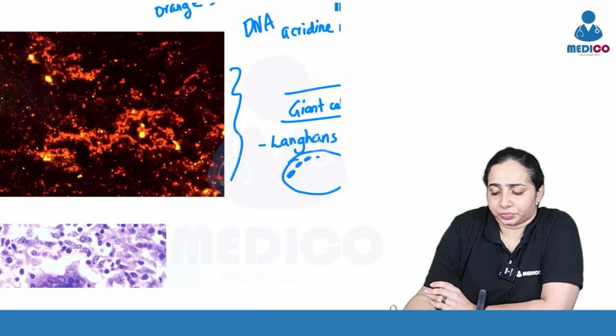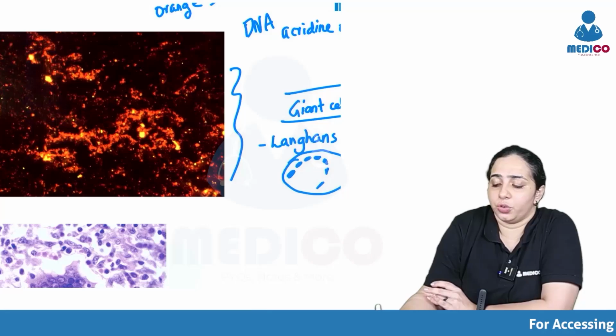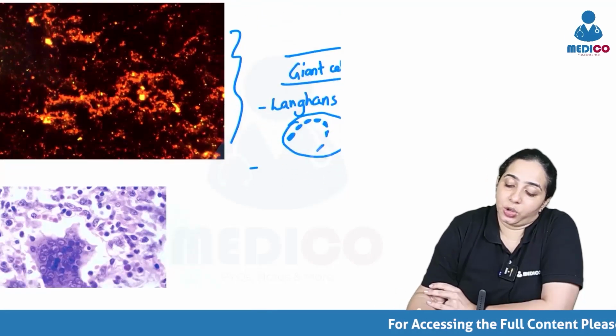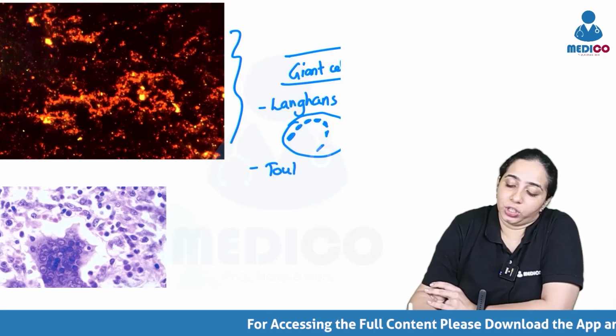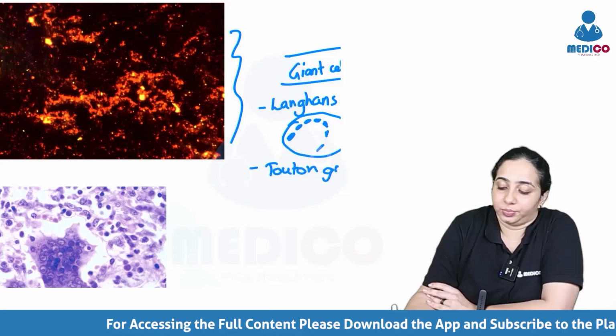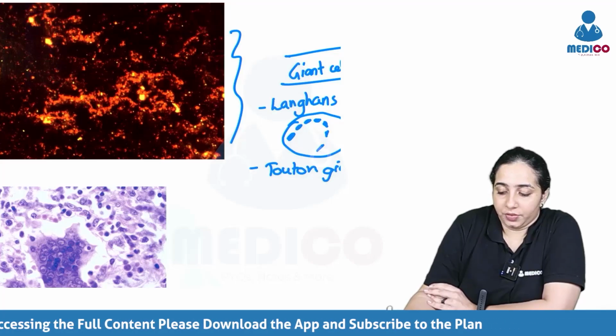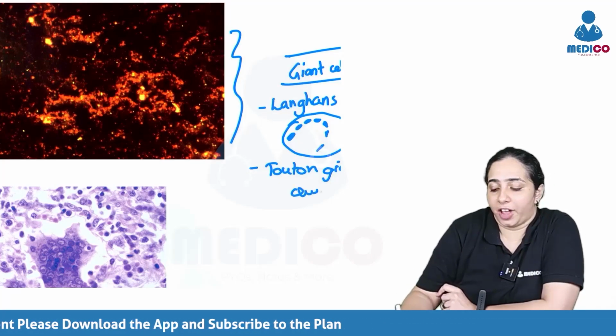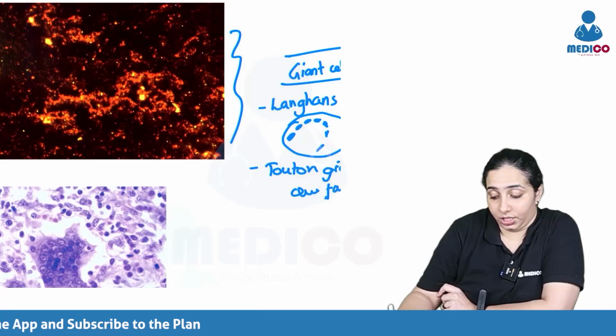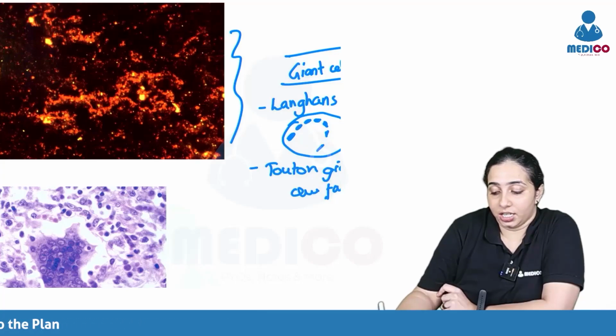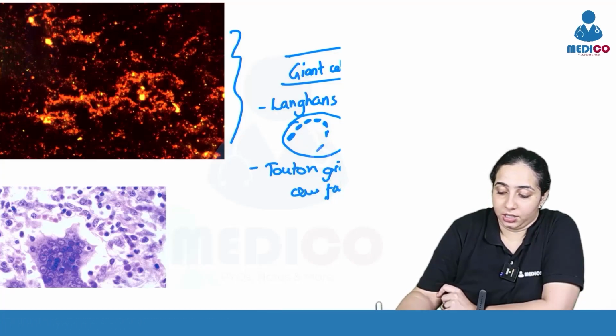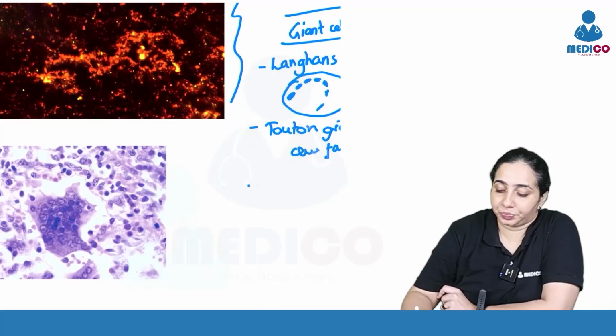You see horseshoe shaped appearance of nuclei. Then you have your Touton giant cell. Now there it has some cholesterol or fat inside, and the nuclei are arranged in the form of a circle.